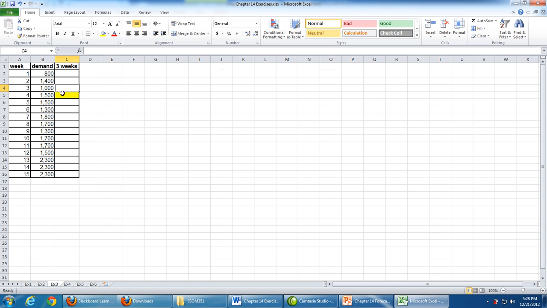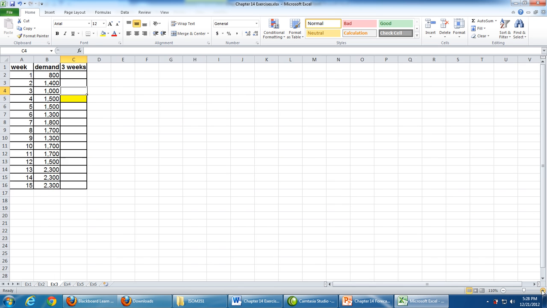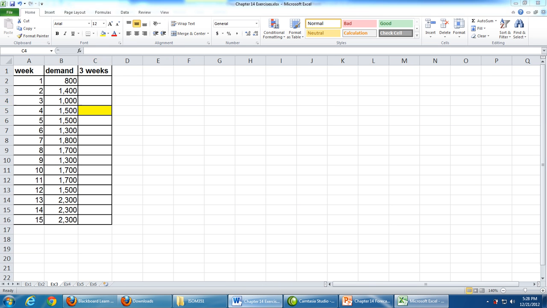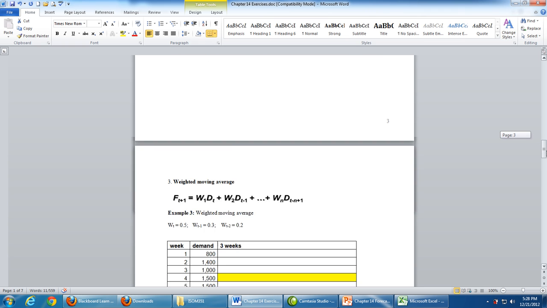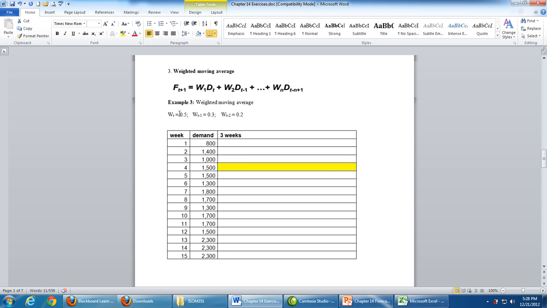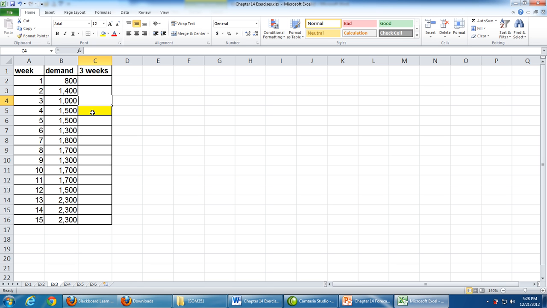We're going to use weighted moving average. On example 3, the higher weight will be given 0.5, second highest 0.3, and the last is 0.2. Okay, so we are going to do a 3-week period moving average.